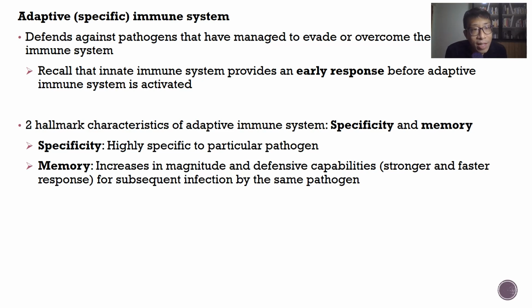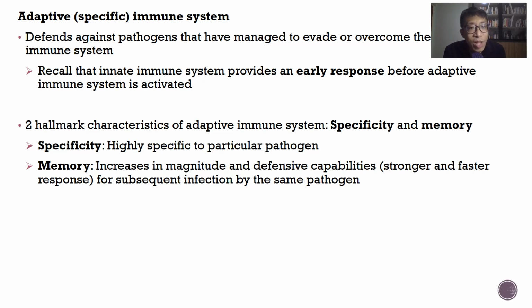Therefore, the adaptive immune system is highly specific, and there is also immunological memory involved. For subsequent encounters of the same pathogen, the immune response from the adaptive immune system would be stronger, faster, and last longer.